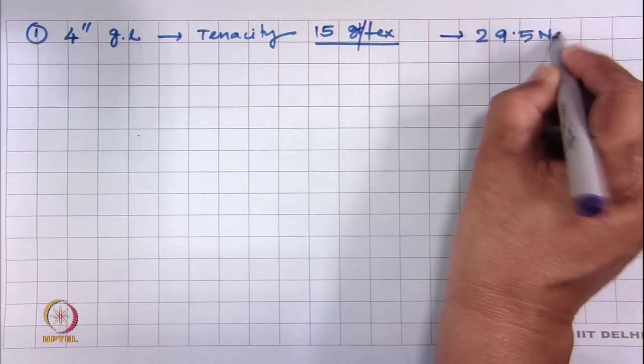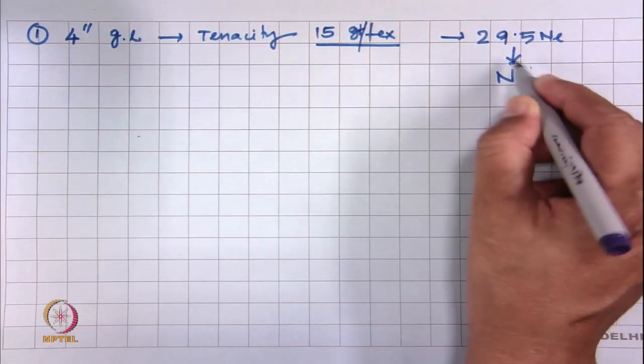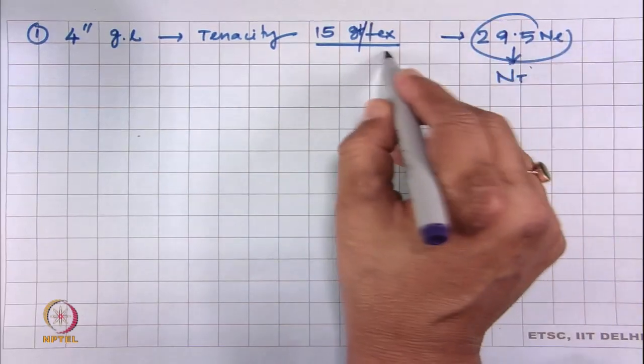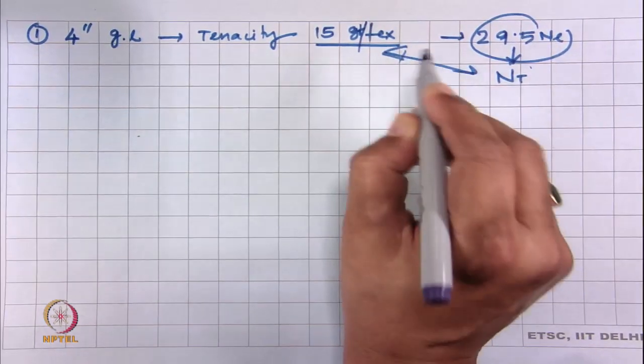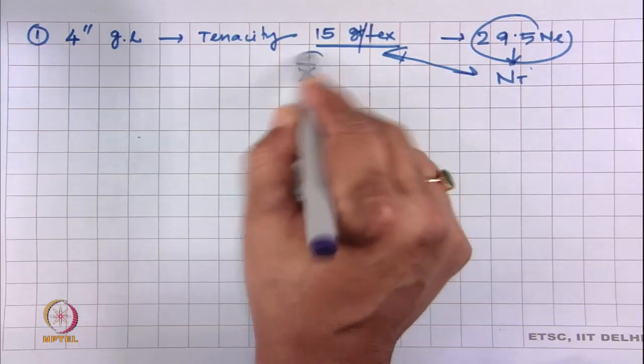We can convert this to tex, and if we multiply, what will we get? We will get the strength, the mean strength x bar.